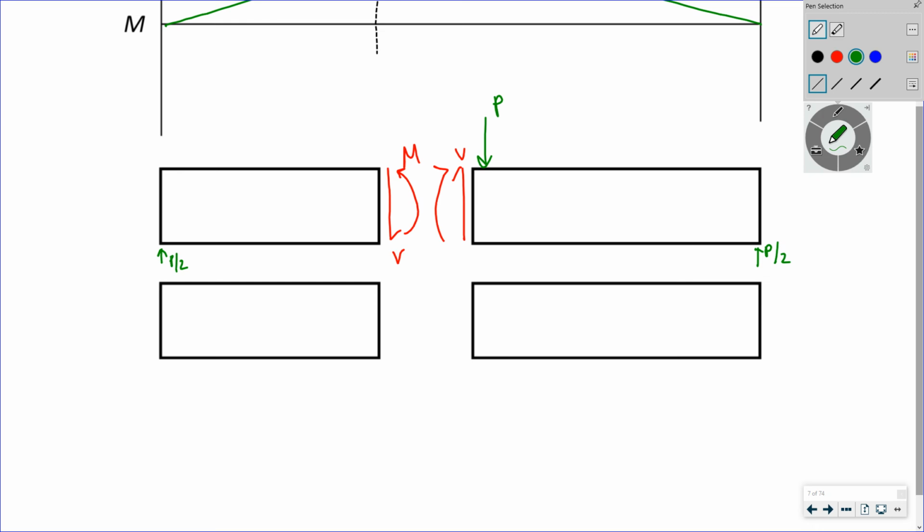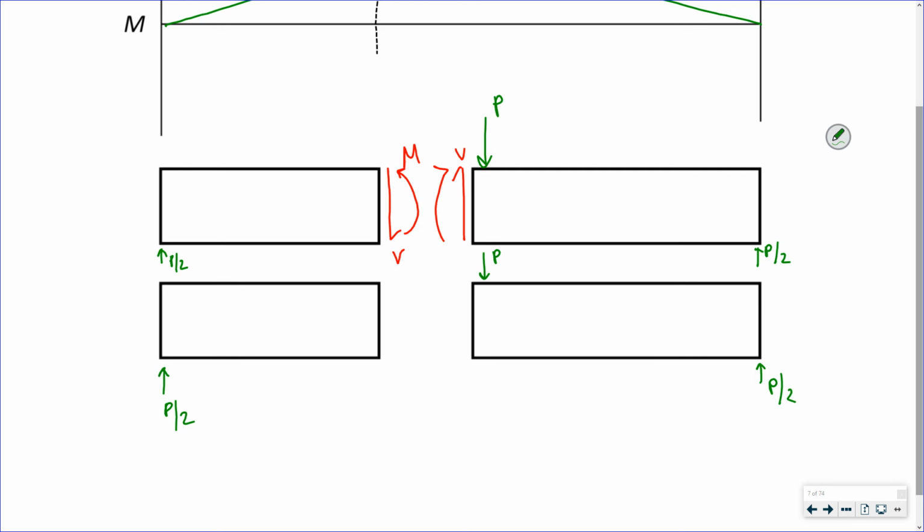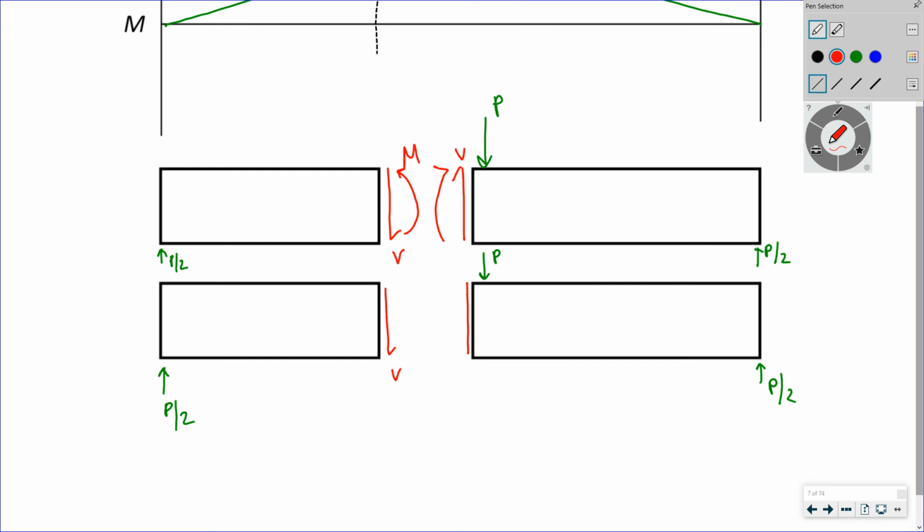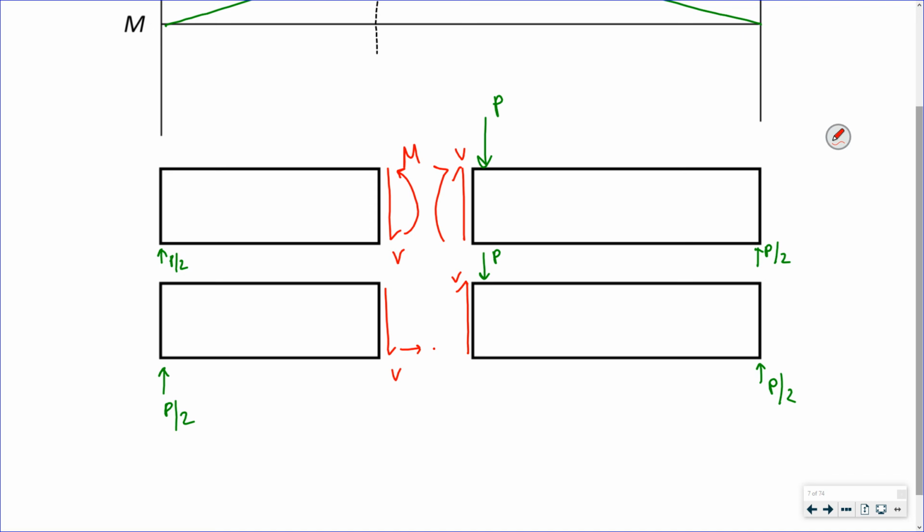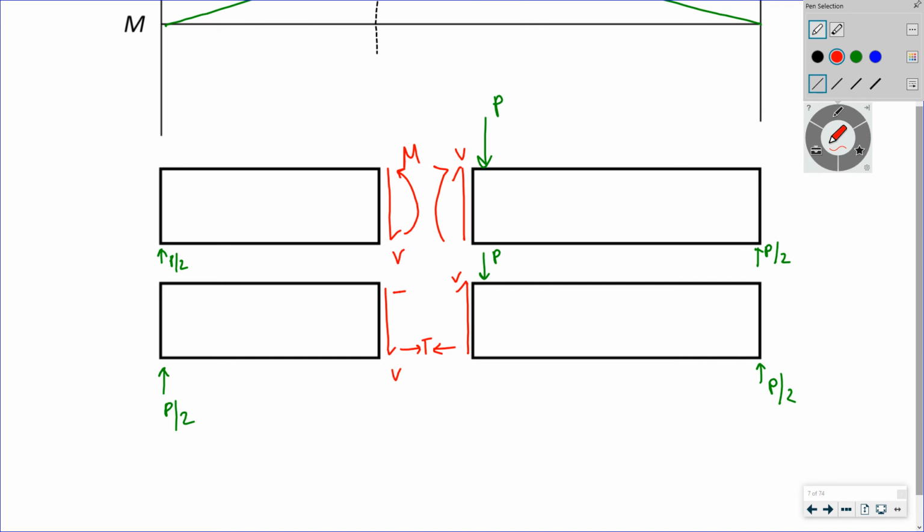If I further break down that moment, I have my shear, and I'm going to break down that moment into tension and compression.